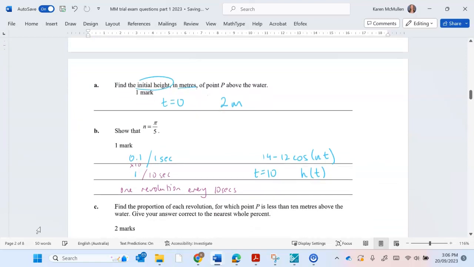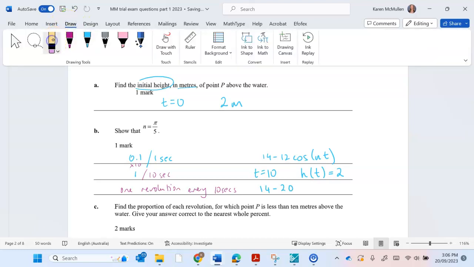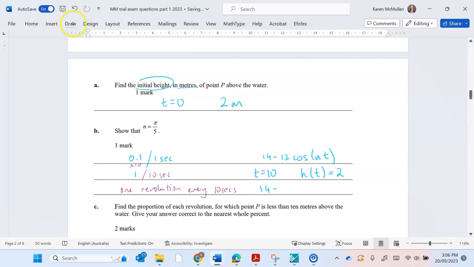It's gone full circle, so it's gone back to 2. And so basically you're just solving 14 minus 12 cos 10n equals 2. Now it is a show that question, but it's only worth 1 mark. So we can then just say, hopefully, that is equal to pi on 5.